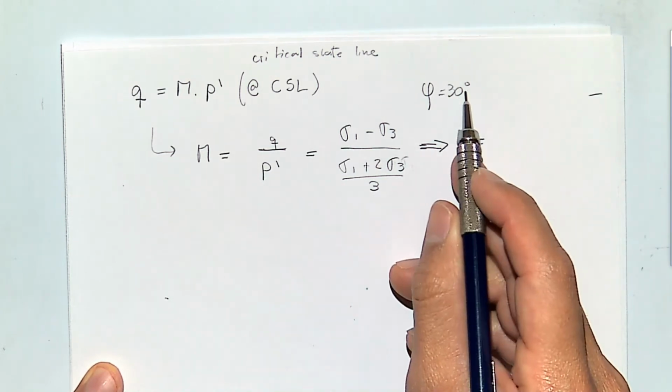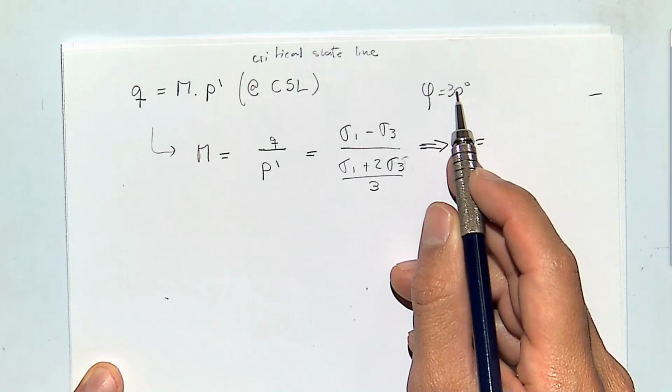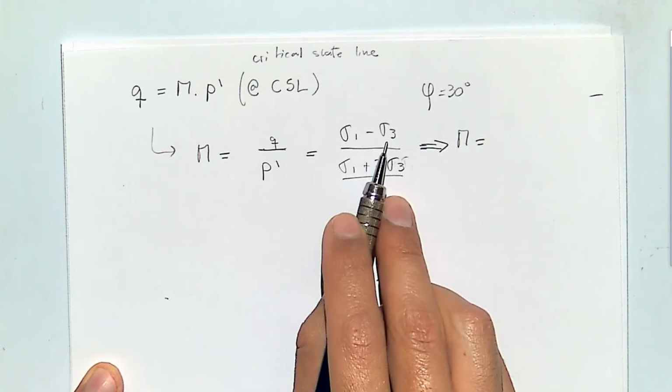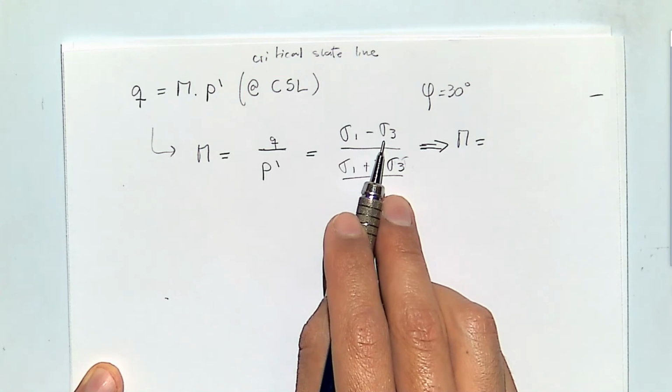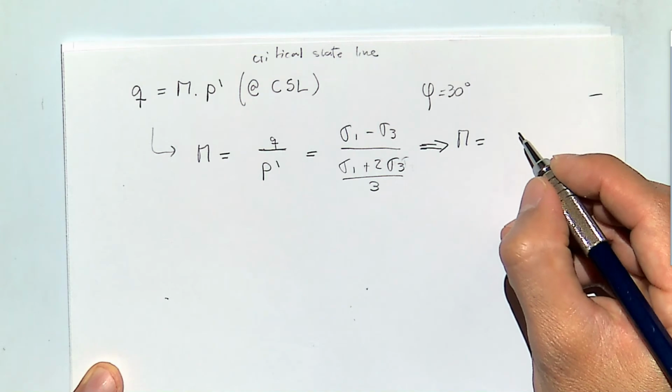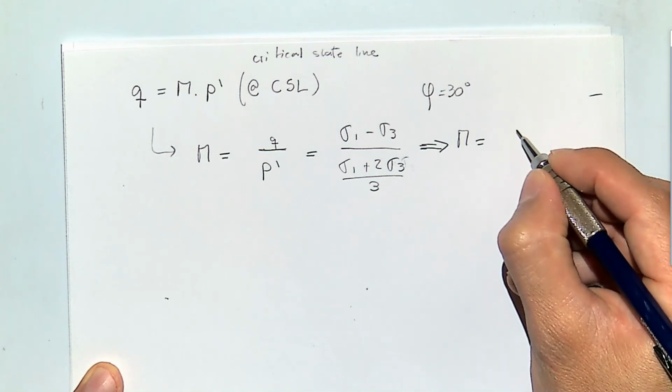If friction angle is equal to 30 degrees, the maximum value of sigma 1 is going to be 3 times sigma 3. So this one is going to be 3 sigma 3s minus 1 sigma 3 is going to be 2 sigma 3.